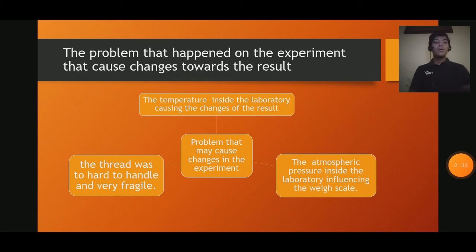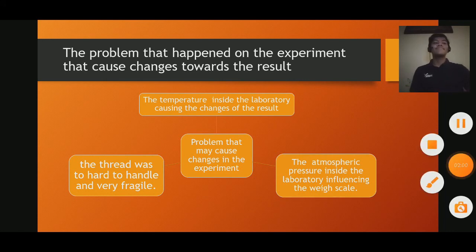The second problem is that when they were using the weight scale, they could not fit the case, so they needed to use the scale without the case, and it allowed the outer atmospheric pressure to influence the weight scale and cause changes in the scale.